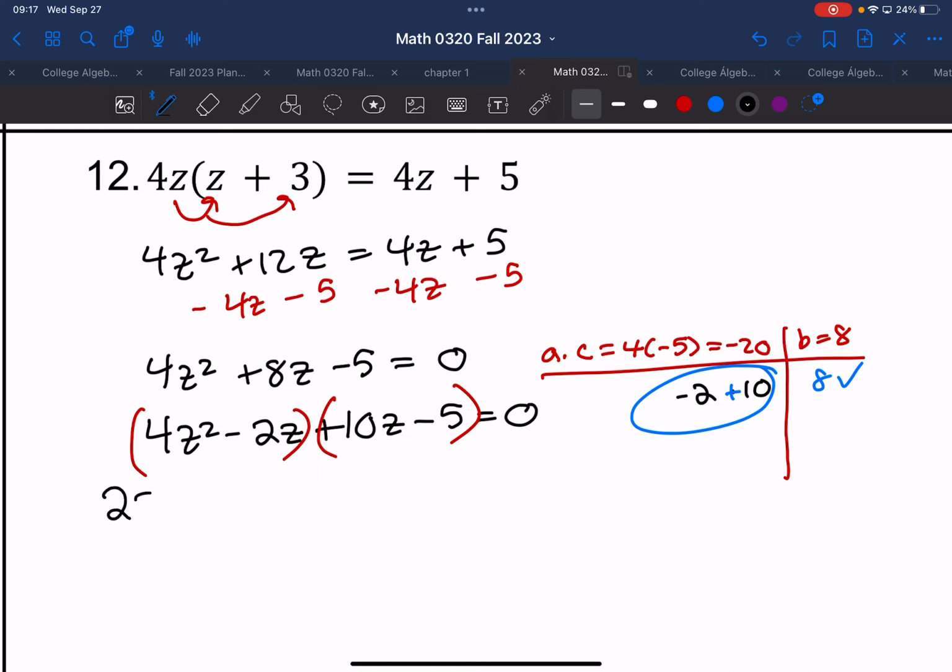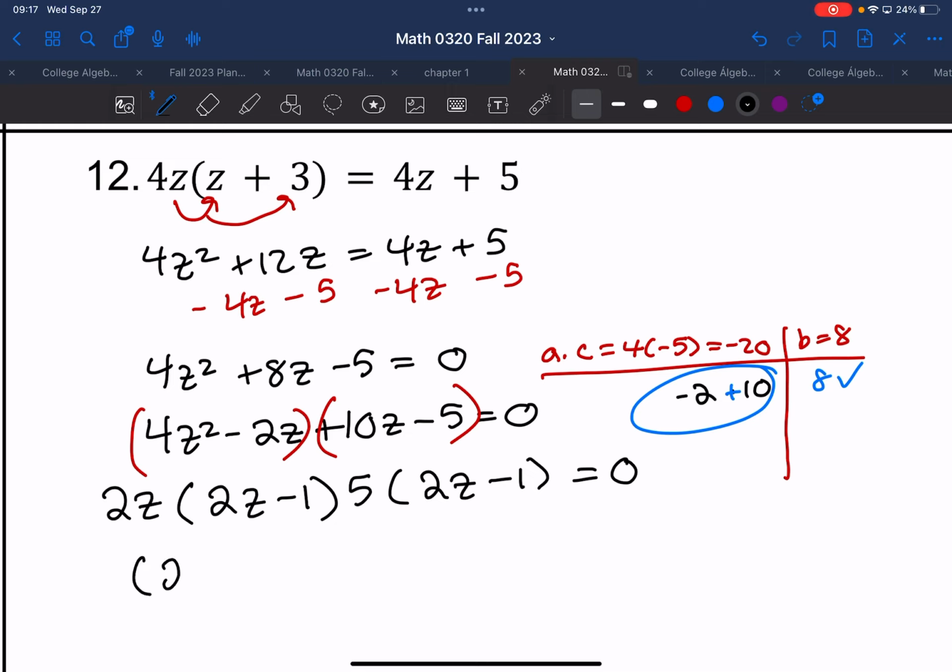So I have 2z from the first one, and that leaves me with 2z minus 1. And from 10z minus 5, I can take out a 5, and I'm left with 2z minus 1. So that means my factors are 2z plus 5 and 2z minus 1 is equal to 0.